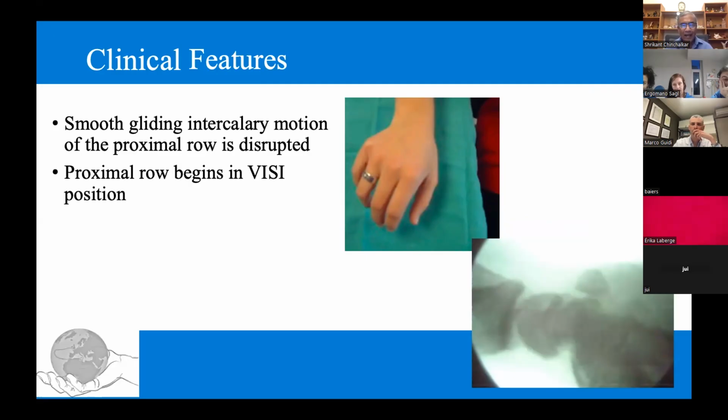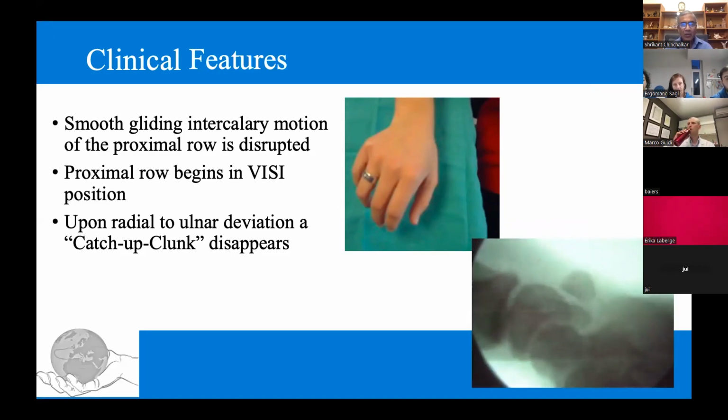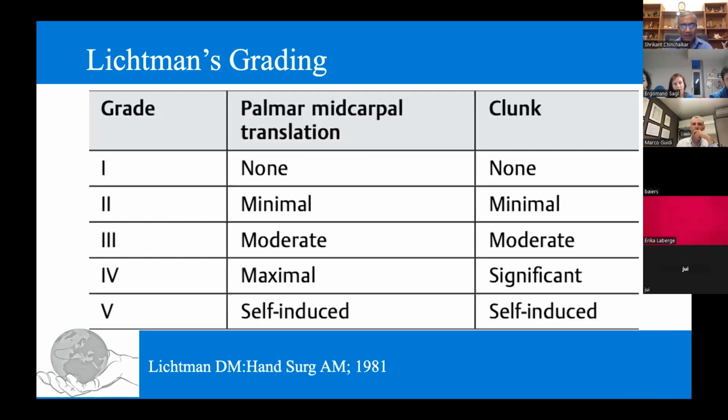However, if you look at the fluoroscopy of these individuals, you'll often see that the proximal carpal row begins in a VISI position. VISI stands for volar intercalated segmental instability. When you go from radial to ulnar deviation, the catch-up clunk appears.